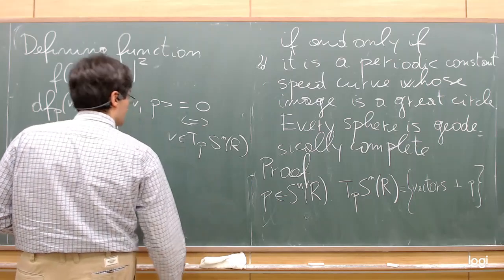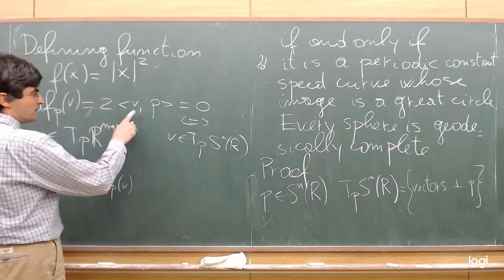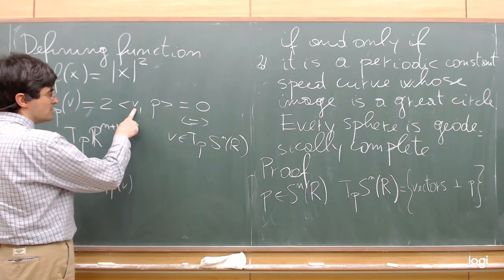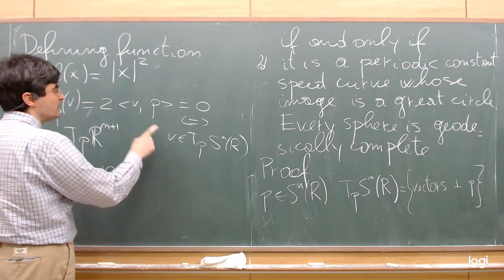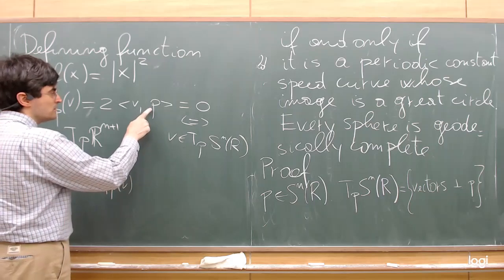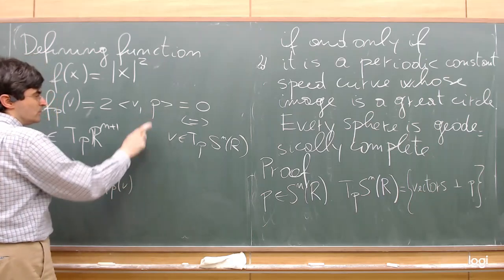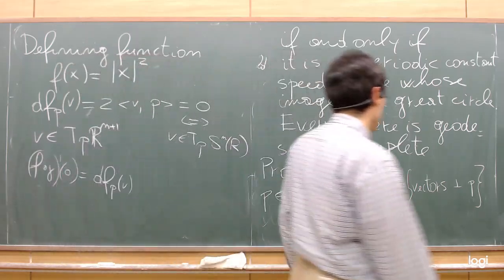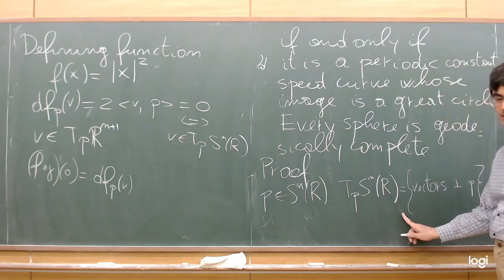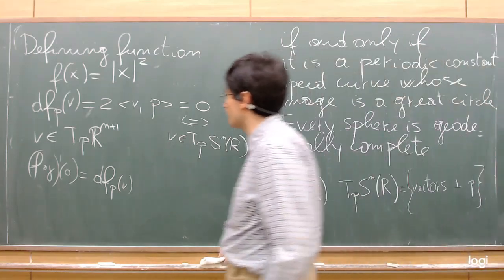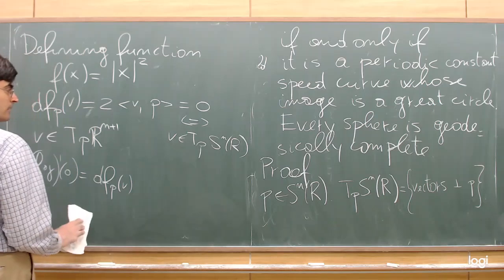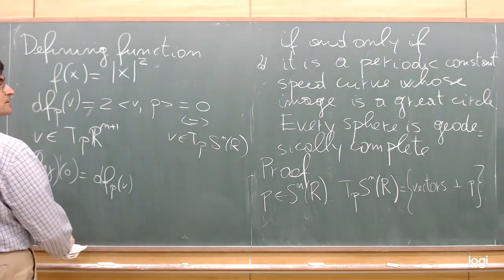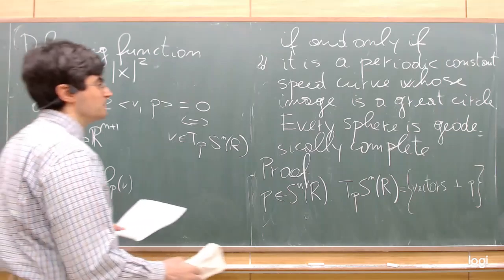So this says that V is tangent to the sphere if it is orthogonal to the position vector of the point P that I denoted by the same symbol, and this is the proof of this identity.